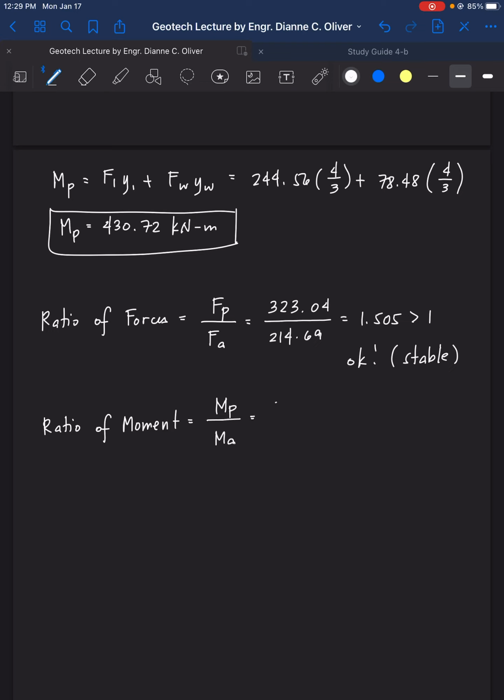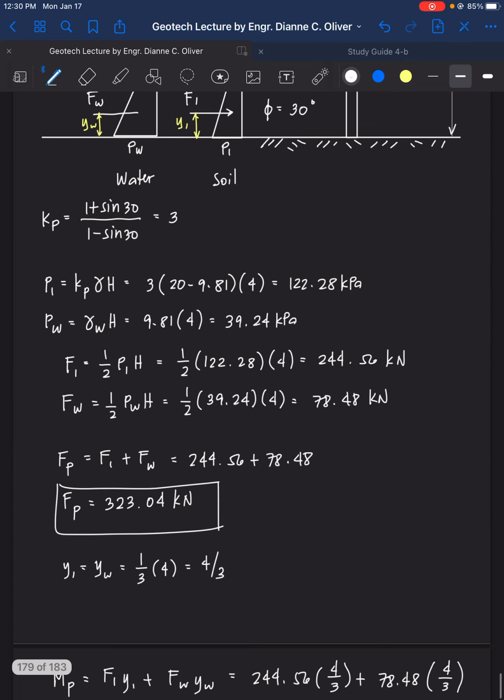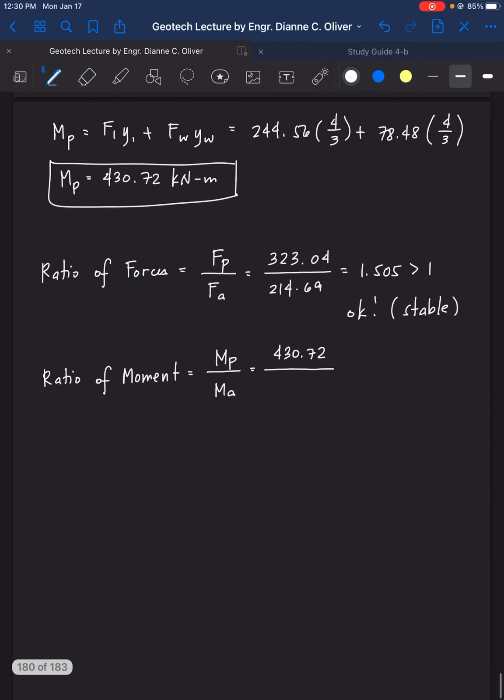So MP is 430.72 divided by MA. MA here is 448.797. That is 0.96. This is less than 1. This is not okay.